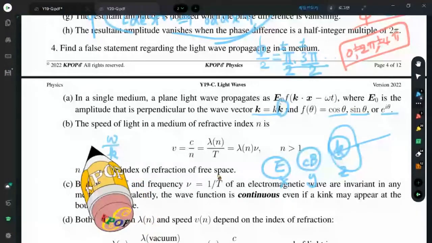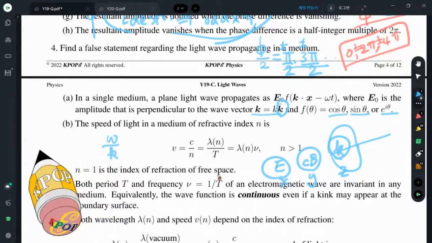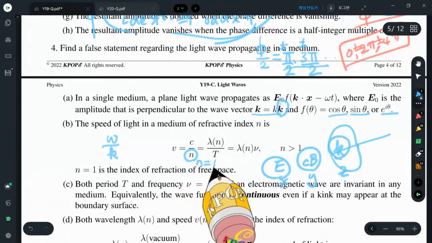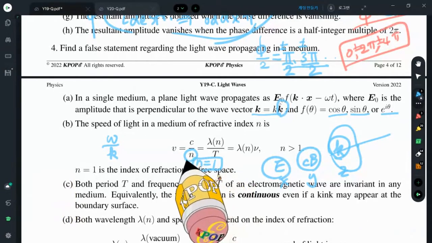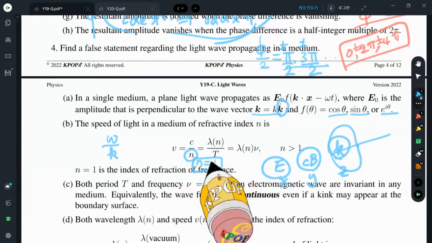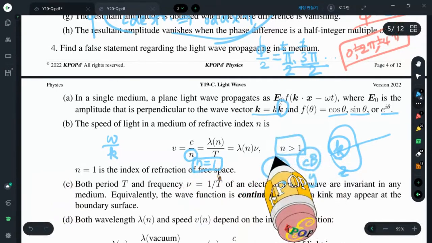However, it doesn't have to be the same as the speed of light in vacuum. If there is no medium, n is 1. n equals 1 is for vacuum, nothing. And if there is anything, this number is greater than 1.